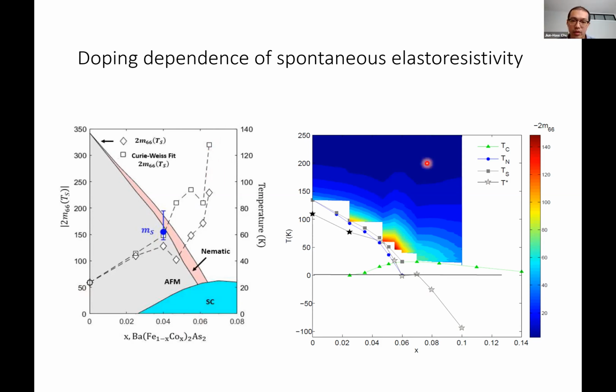So looking back at this color map, I think there's actually more information hidden within it. You can see that this elastoresistivity coefficient is really strong around optimal doping, but this is not just saying that the nematic susceptibility is stronger at optimal doping. It's also saying that the lattice coupling is enhanced.